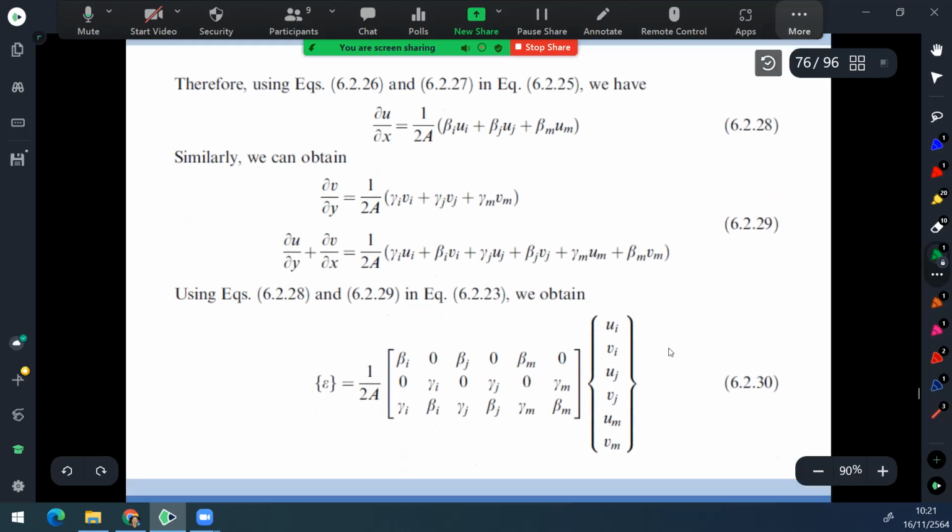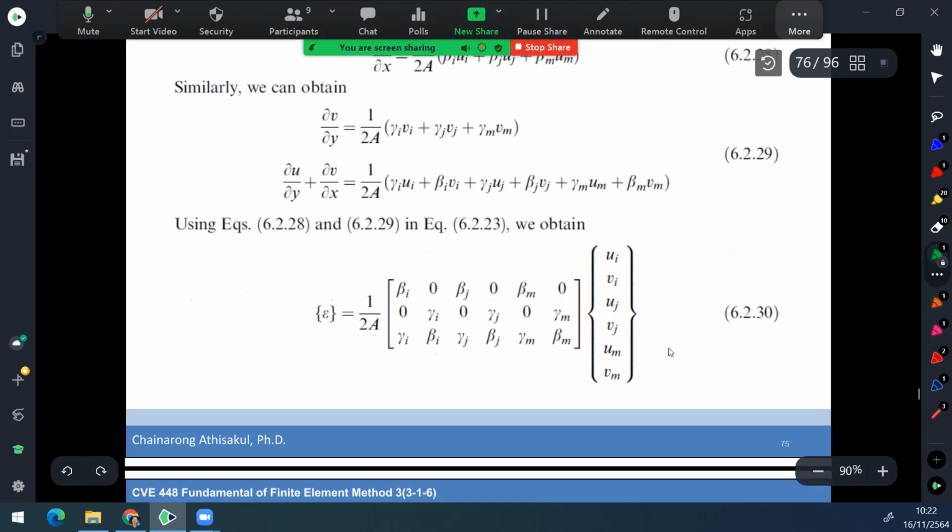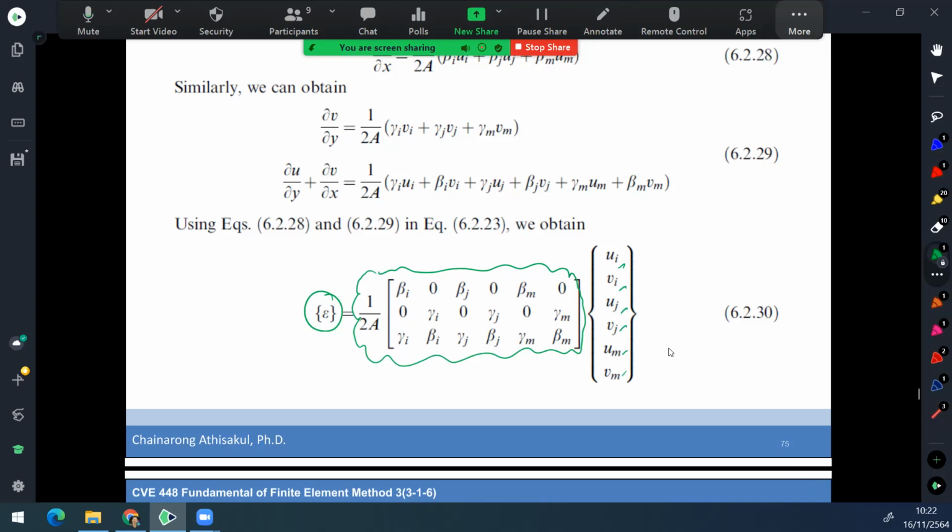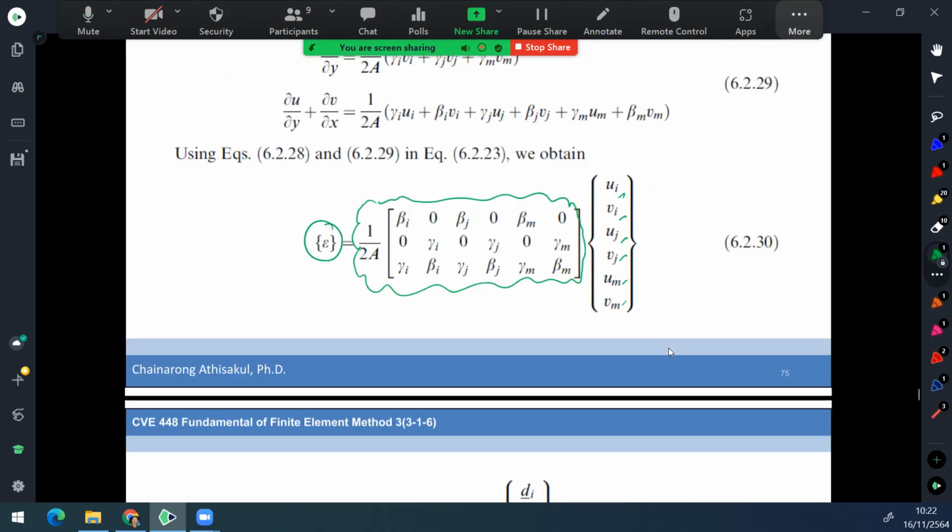In the same manner for the other terms, after we derive each term and rearrange, we obtain the strain vector, epsilon x, epsilon y, and gamma xy, related to the displacement at the nodes, which comes from 6 components. It is related with the constant matrix composed of beta i, beta j, beta m, gamma i, gamma j, gamma m.